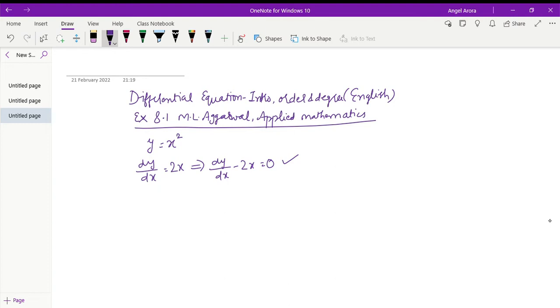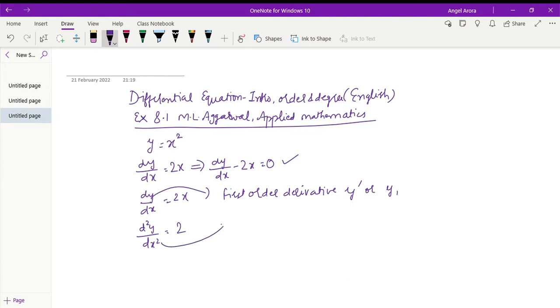So what is the highest order derivative? Let's understand this with the help of an example. y is equal to x squared, dy upon dx is equal to 2x. This is the first order derivative. We can also write it like this, y prime or y sub 1. If I differentiate it once again, what do we get? We get 2.